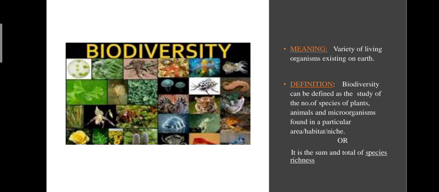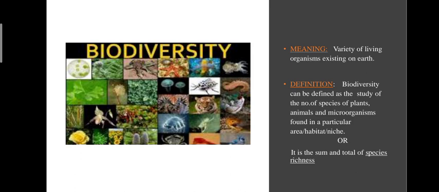Now coming to the actual definition of biodiversity. Biodiversity is nothing but the study of any kind of living organisms. The living organisms may be plants, or animals, or microorganisms. So these living organisms which are found in a particular area or in a particular habitat or in a particular niche is known as biodiversity.